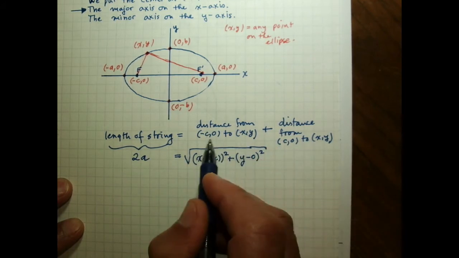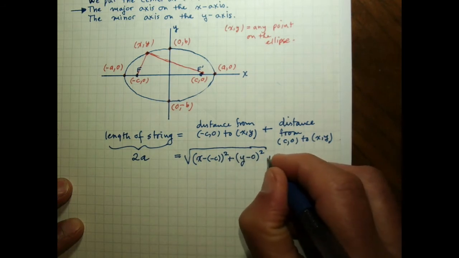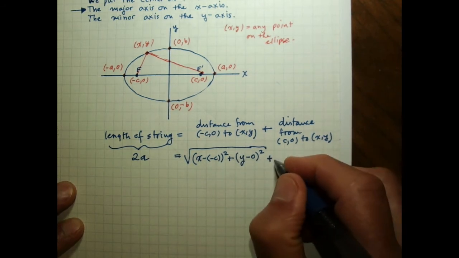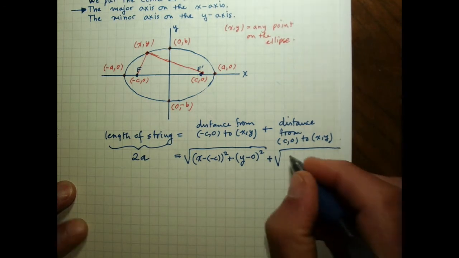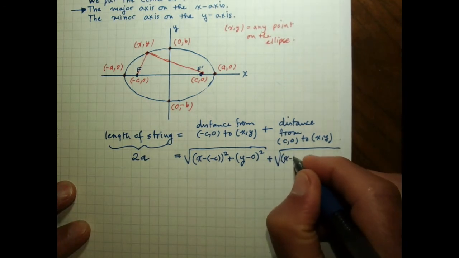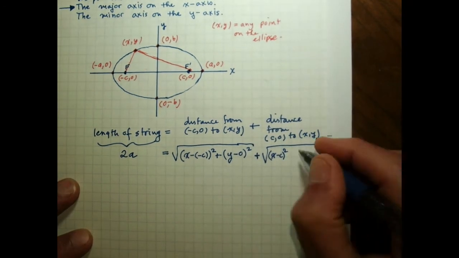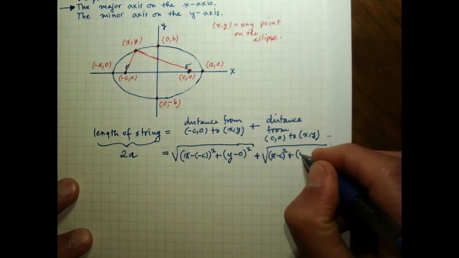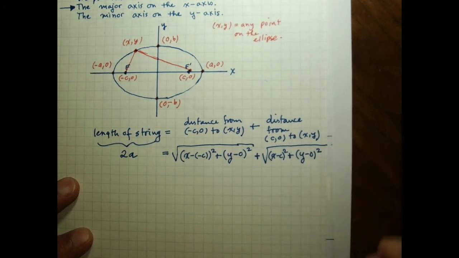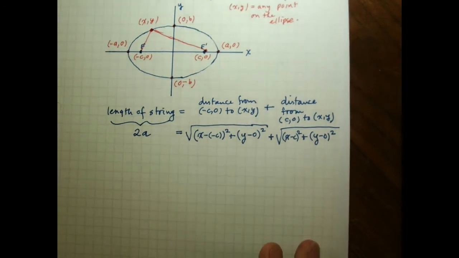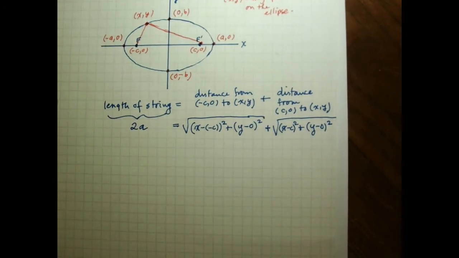So I'm plugging these coordinates into the distance formula, plus I'm going to have another square root: x minus c squared plus y minus 0 squared. And I have a lot of symbols there.